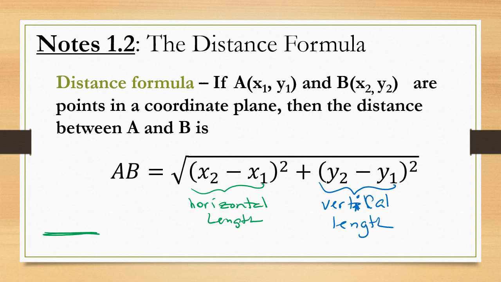That's this length right here. That would allow us to find this distance AB, which would be the hypotenuse of your right triangle. So x2 minus x1 and y2 minus y1 are basically just the lengths of the legs of your right triangle.